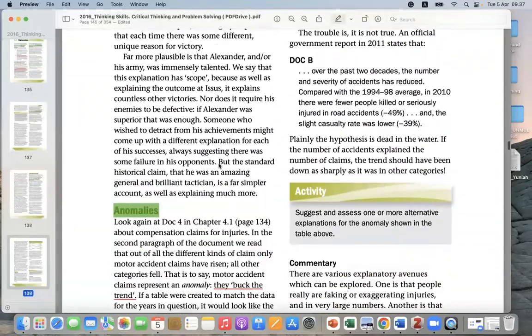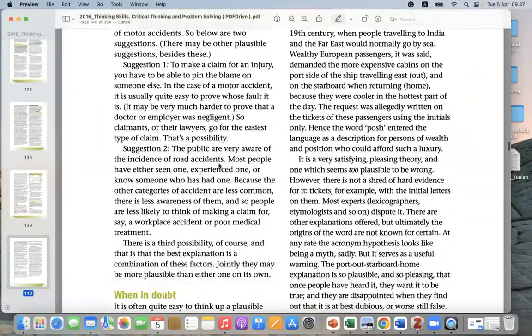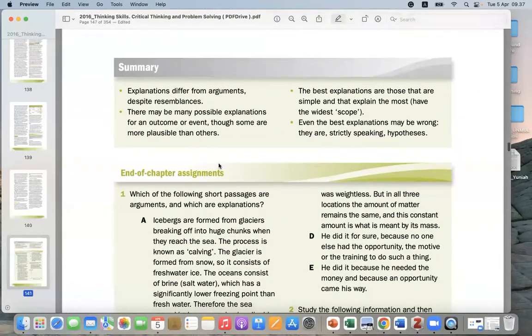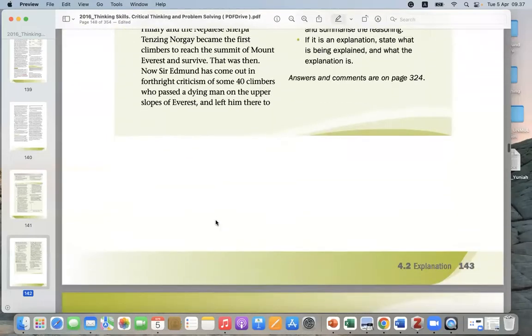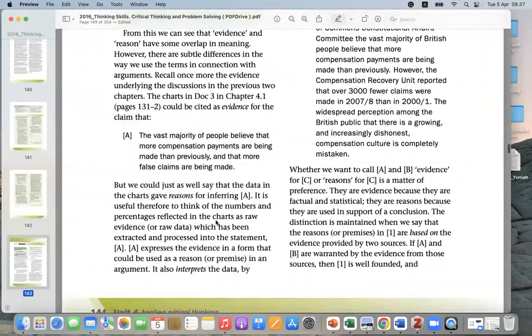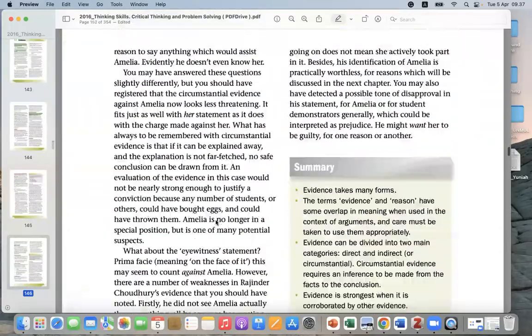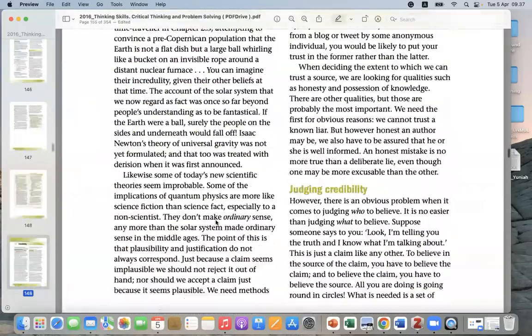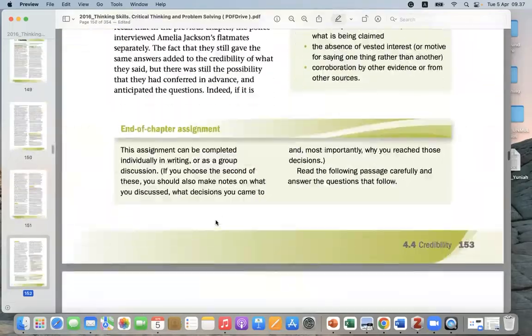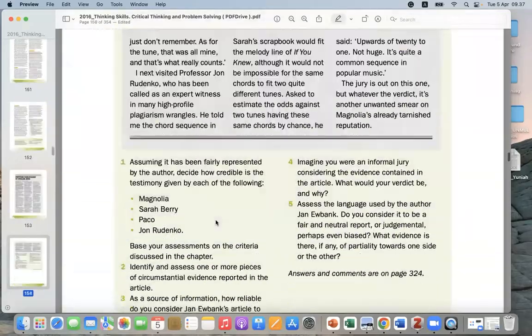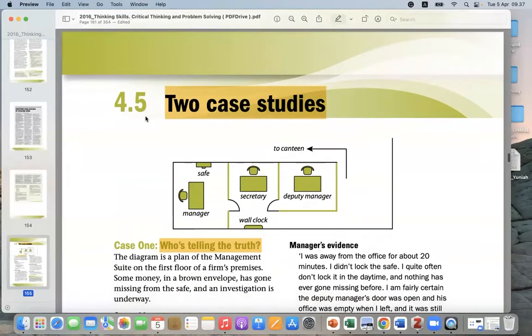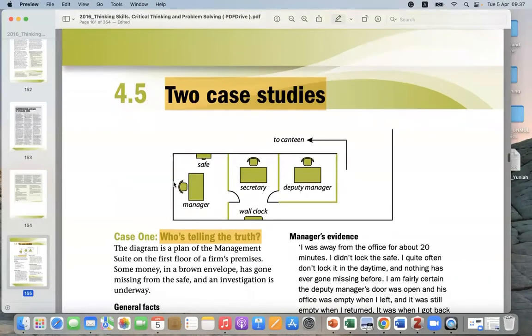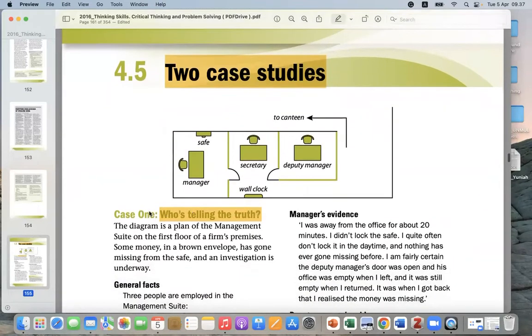Okay, let me give you this book. I think it provides some explanations and some exercises. Let me find you some. Yeah, this is the practical one. Case one. To apply this concept, you have to read this case 4.5. Let's take the case one first: who is telling the truth?